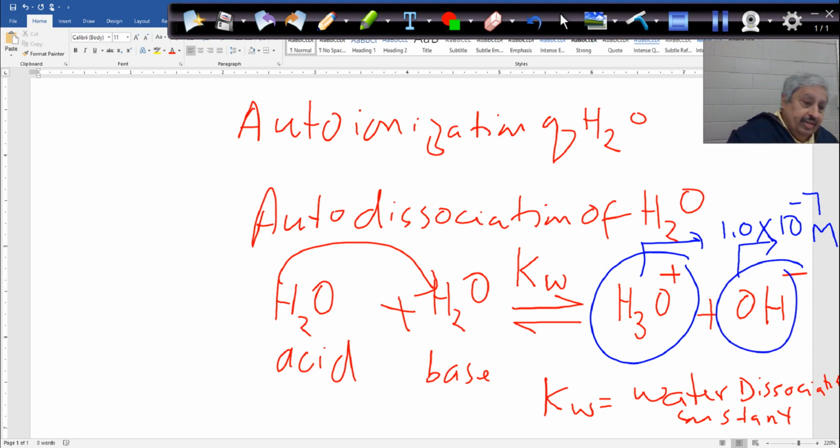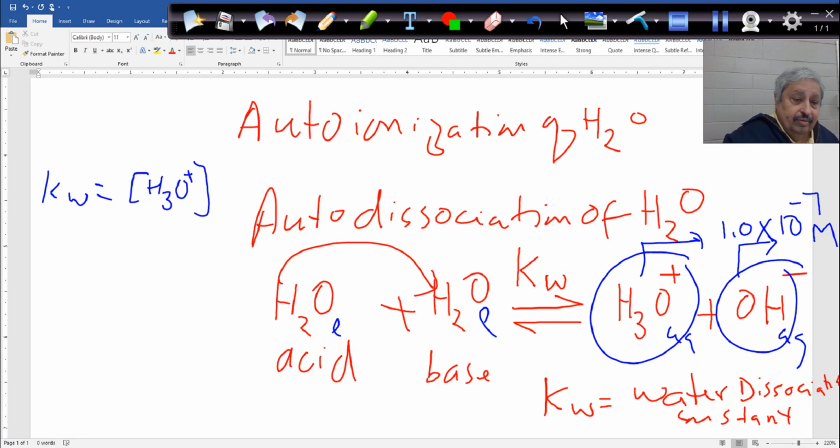The Kw is the product over reactants. H2O is liquid, so we get rid of those. Then our Kw is H3O plus multiplied by OH minus.